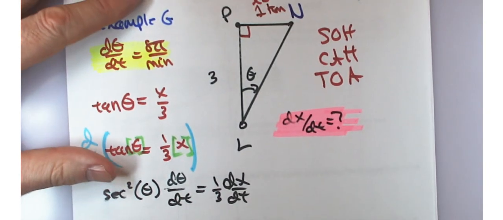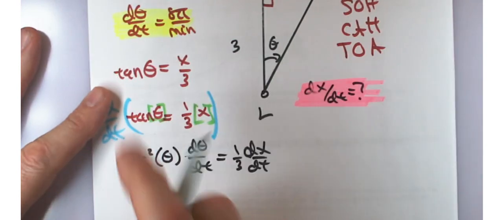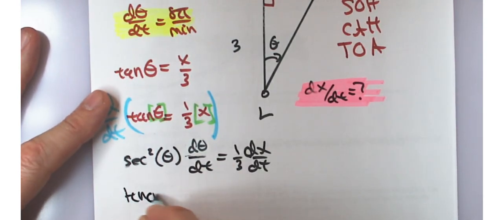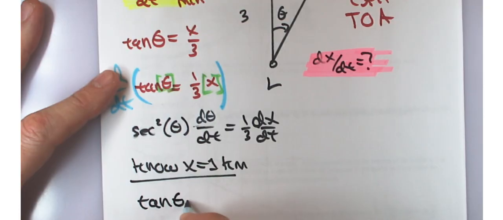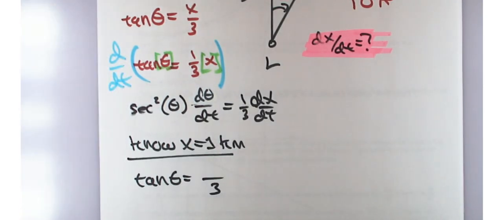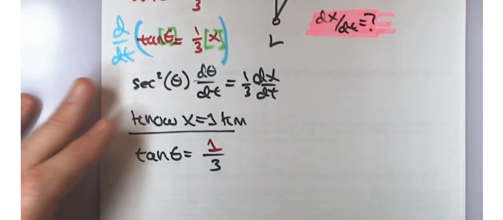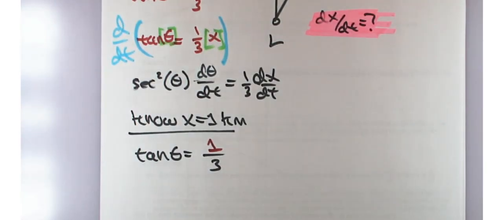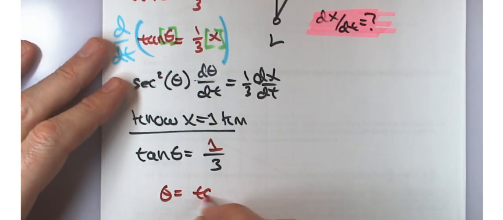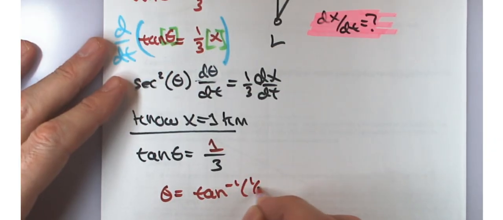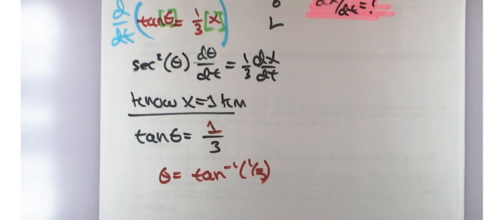So let's come over to here. We know that x is 1 kilometer, and when x is 1 kilometer, I get tangent of theta equals 1/3. So how do I solve for theta? Yeah, the inverse tangent. Awesome. Ashley got an A in her trig class, at least it seems to me. All right, so inverse tangent of 1/3.